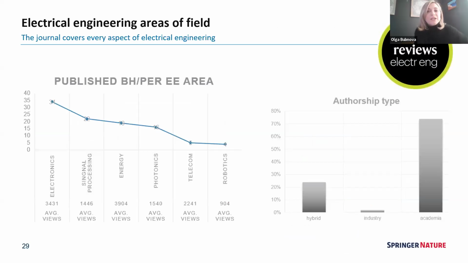So here's a little bit of preliminary information about our success in terms of balanced coverage of the scope. As you can see, we are struggling a little bit with telecom and robotics. And this is again because Nature Portfolio is not very familiar with these fields. And that's where my journal is really trying to make some difference by recruiting more papers and commissioning more papers in this field.